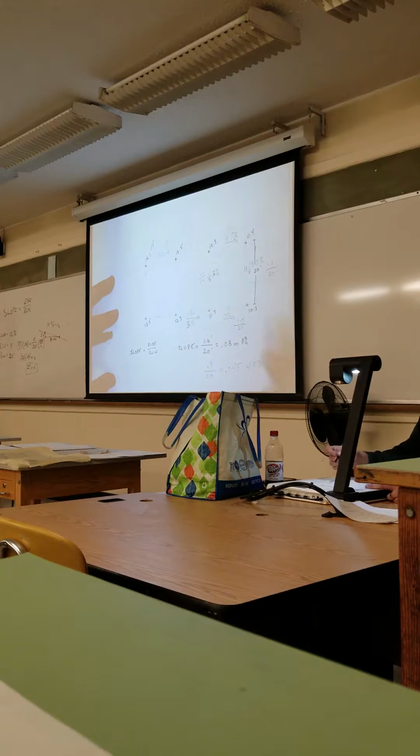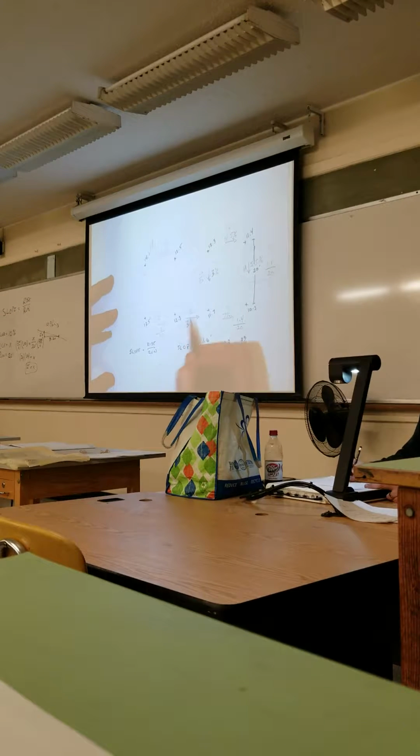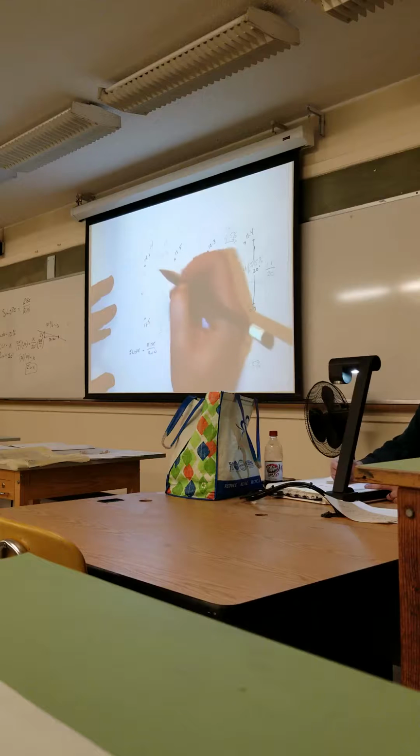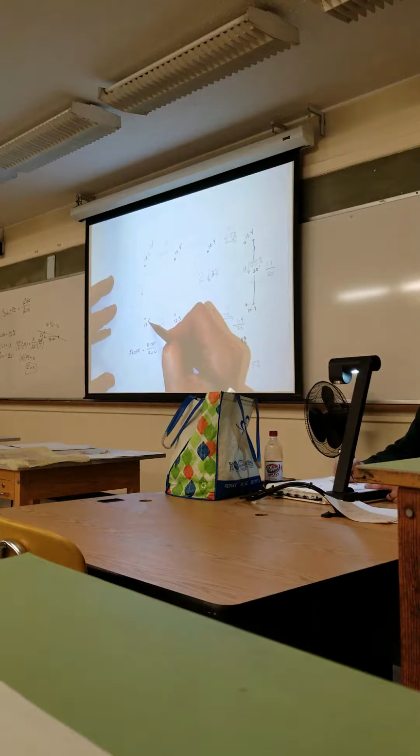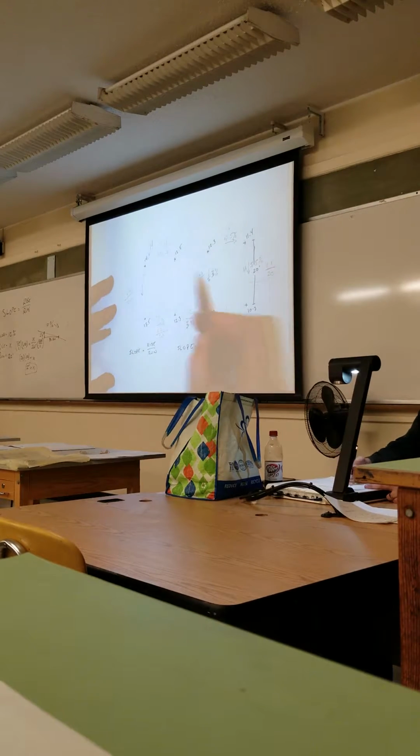There's only two left. 13.5, am I going too fast for anyone? 13.5 minus 12.3 is 1.2, divided by 20 is 6%. And the last one over here, 14.1 minus 13.5 is 0.6 divided by 20, which is the same as over here, so it's 3%.